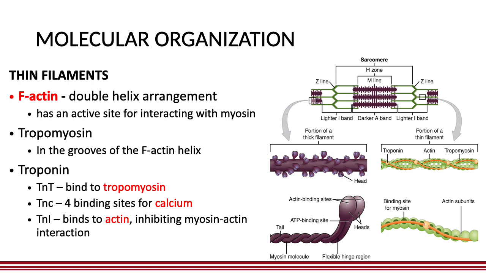Troponin regulates muscle contraction by binding calcium, which causes a change in the structure of the troponin-tropomyosin complex, allowing the myosin heads to come into contact with actin filaments. So troponin, in conjunction with calcium and tropomyosin, serves as the key which will facilitate the interaction between actin and myosin. Okay?